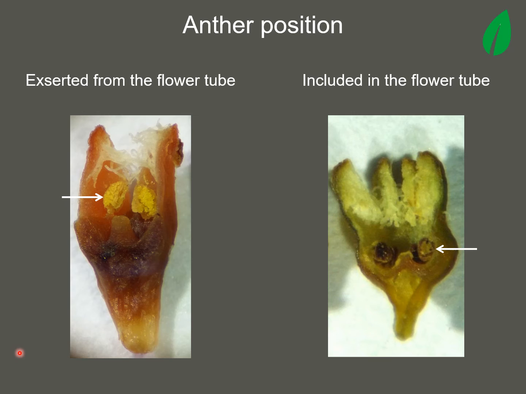In some species, you can see the stamens are placed right at the start of the flower lobes, and then the anthers are outside of the flower tube, placed where the flower lobes are. In other species, the stamens are placed at the bottom of the flower tube, and the anthers are then completely included in the flower tube and they do not reach up to the lobes.